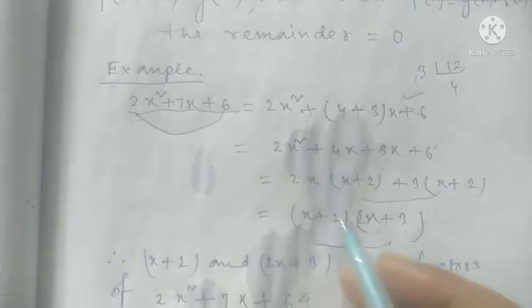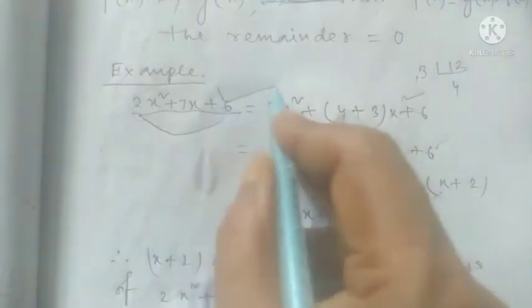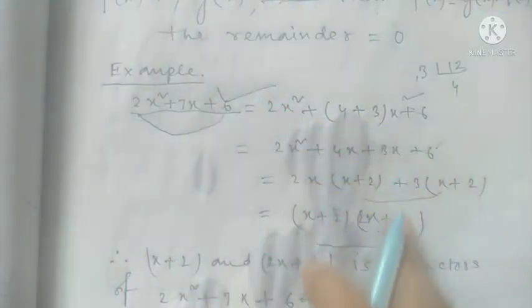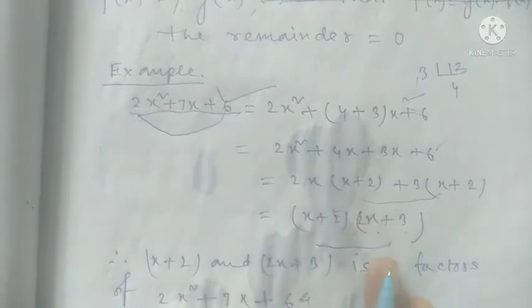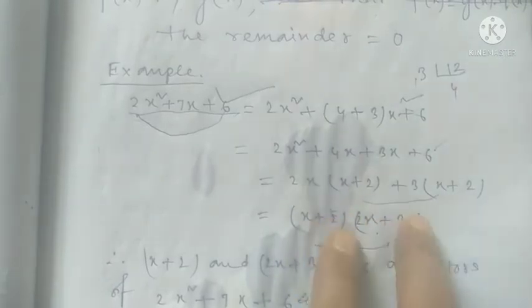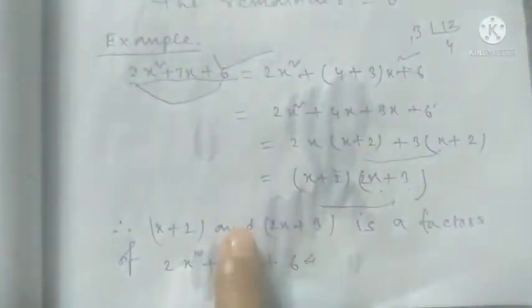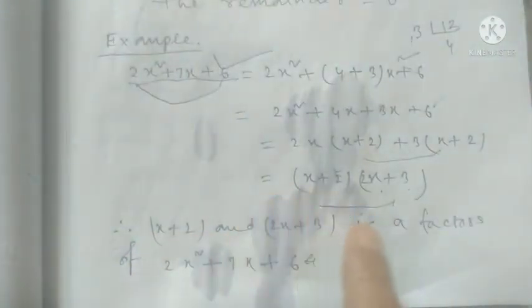So x plus 2 and 2x plus 3 are the factors of this polynomial. Both are non-zero polynomials and both are factors of this polynomial.